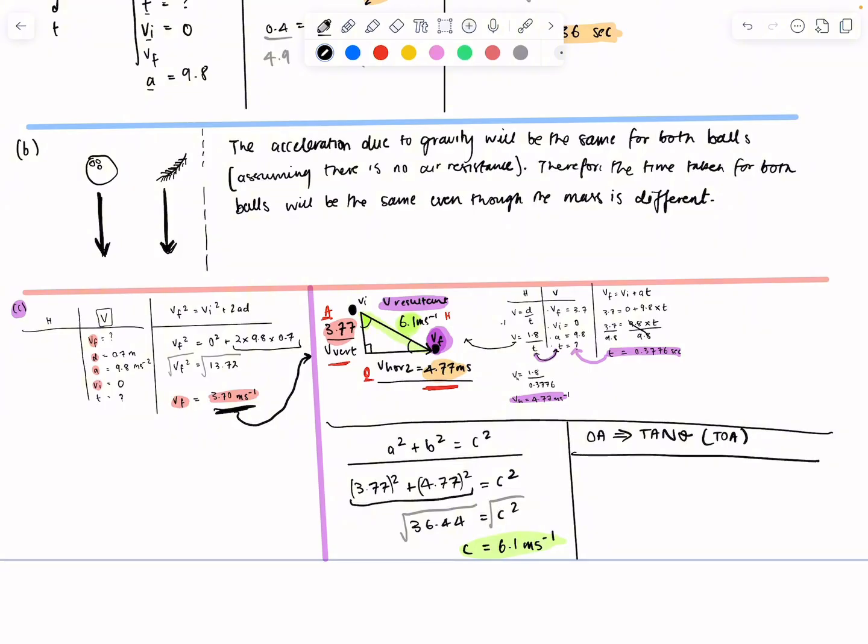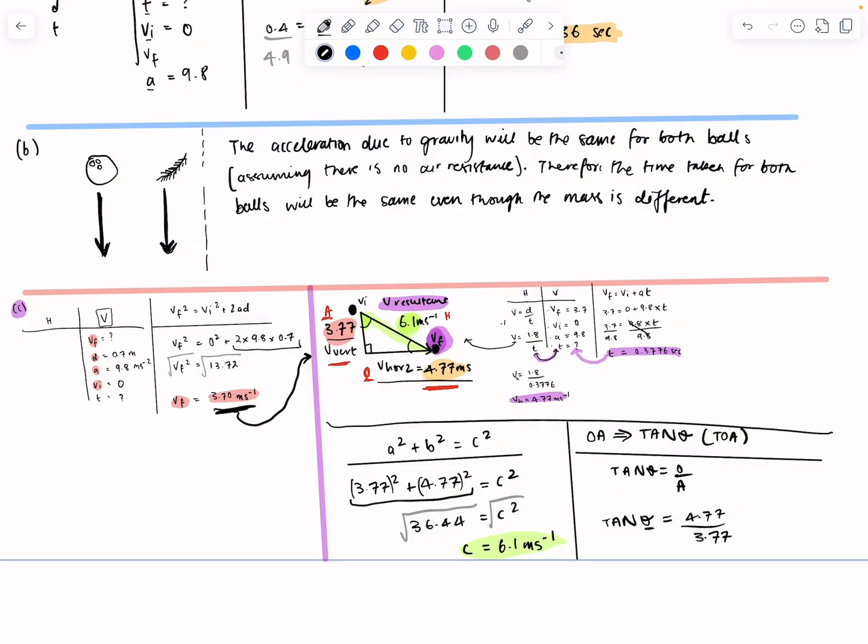Okay, so let's go ahead, use the equation, tan theta equals O over A, substitute what we have in, we've got tan theta, that's what we're trying to figure out, the angle to show the direction, equals opposite, which is 4.77 over 3.77, and we need to rearrange this thing to find this theta angle.